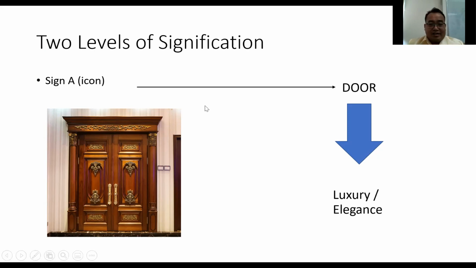So here we have two layers of signification. The first layer is the denotative layer, direct.